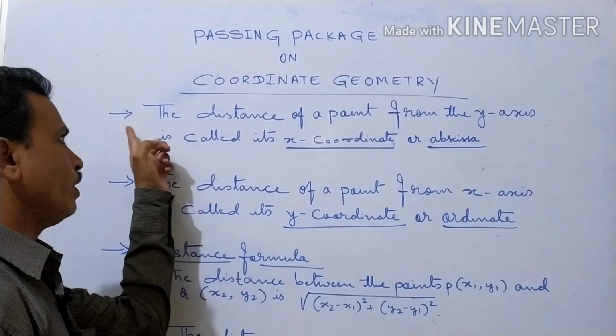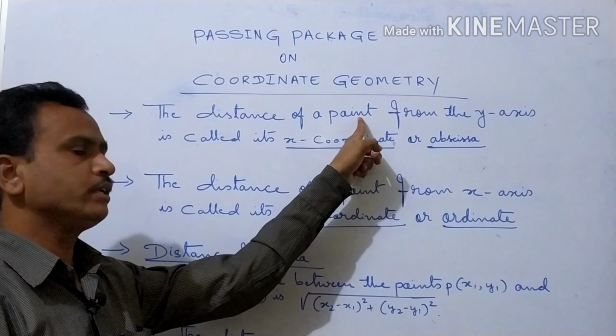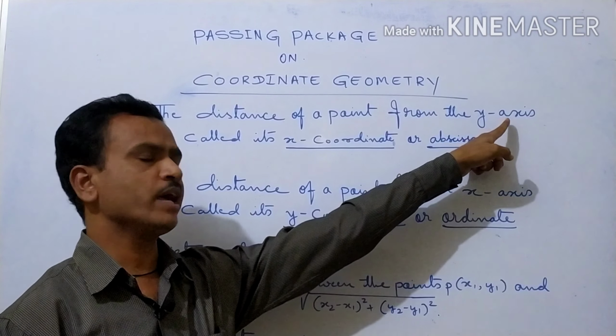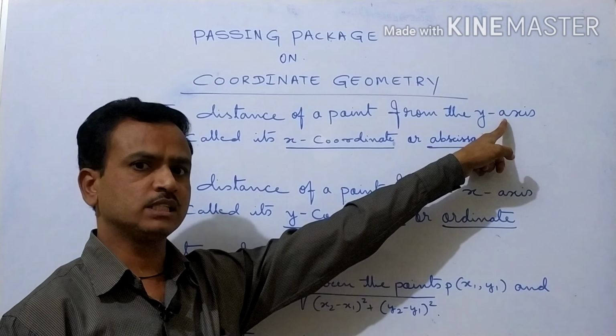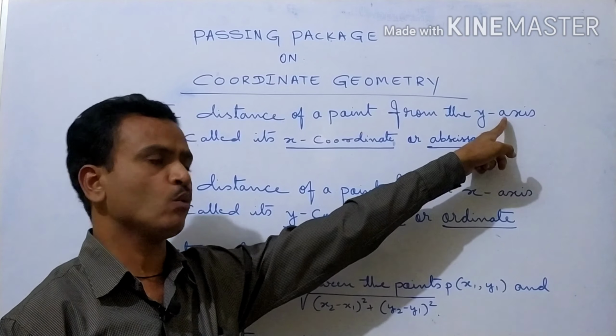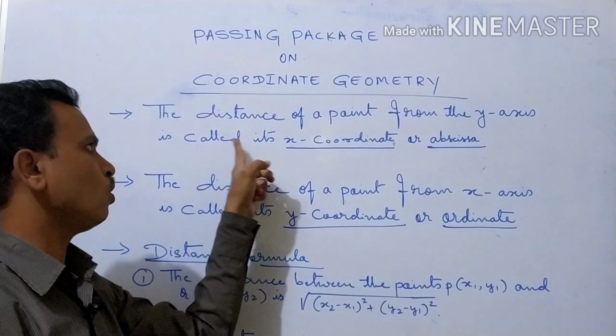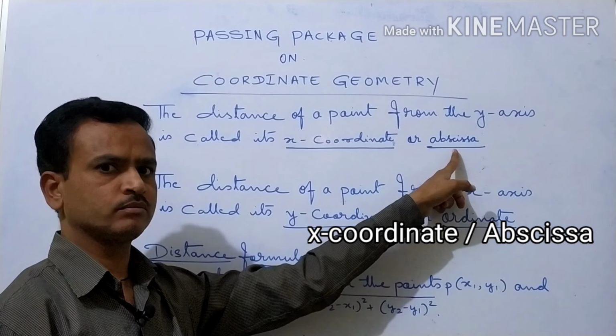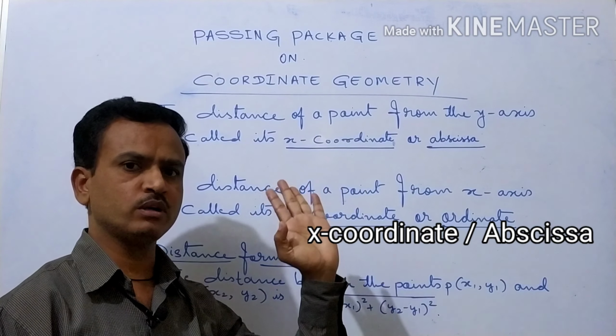Your first point: the distance of a point from the y-axis is called its x coordinate or abscissa. This point you should remember.